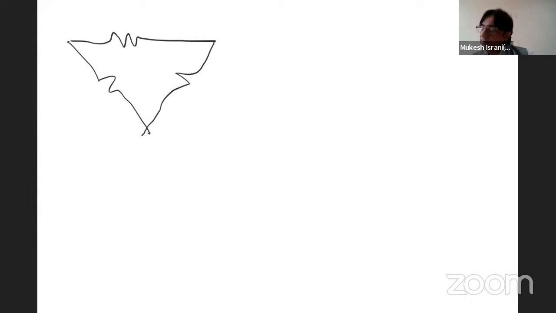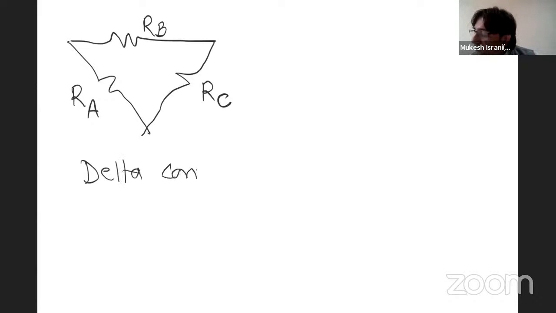Now, whenever three resistances are like this, they are said to be in a delta. So this is called a delta connection.